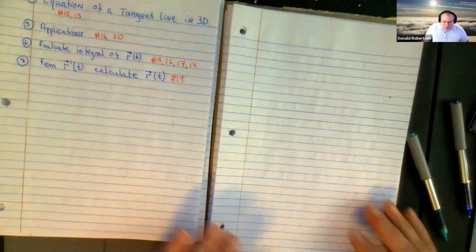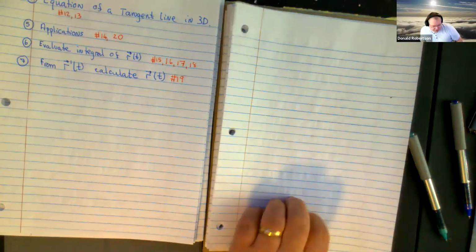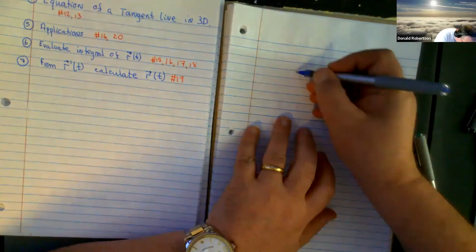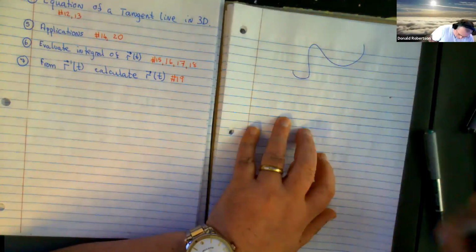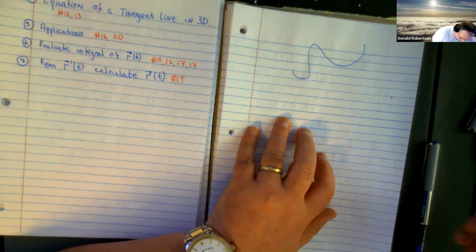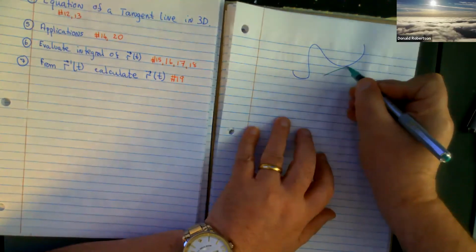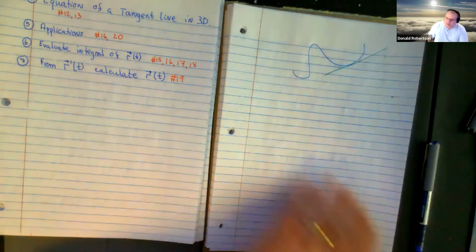If I wasn't rushing so much, I would put that first curve into GeoGebra and you'd see it do its squiggle. I would then put in the equation of the tangent line and it might look something like this. Can you imagine that might be my curve in 3D space? And this is what my tangent line would look like if I did it right.